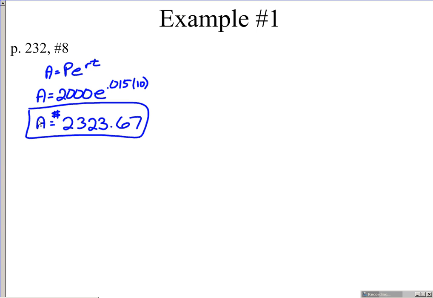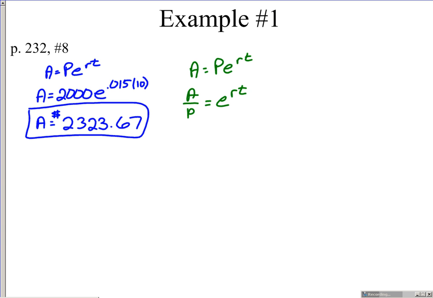Second thing we're asked to find is how long will it take the amount of money in this account to double? If I solve this equation for the exponential, we get A over P equals e to the rt. What we're solving for here is time, because we want to know the time to double, so I'm solving for t.